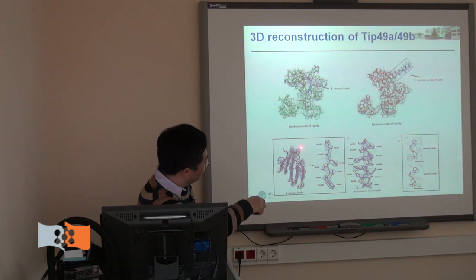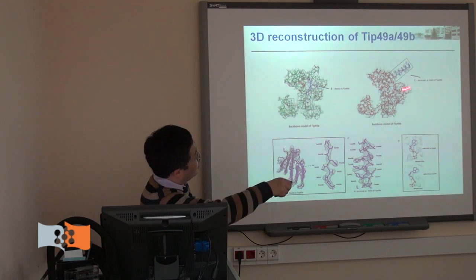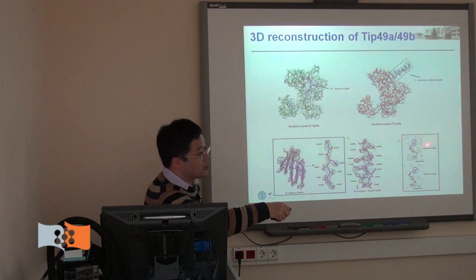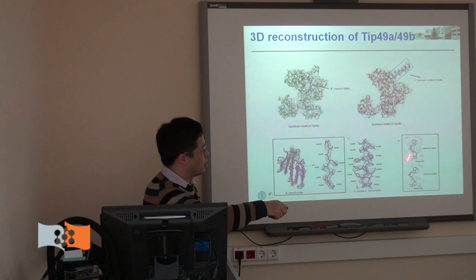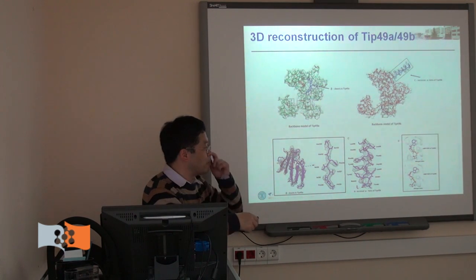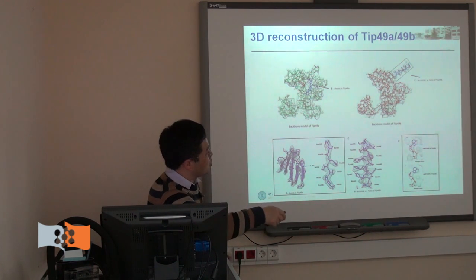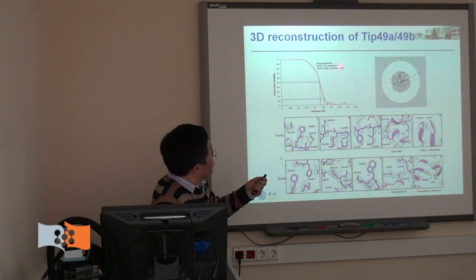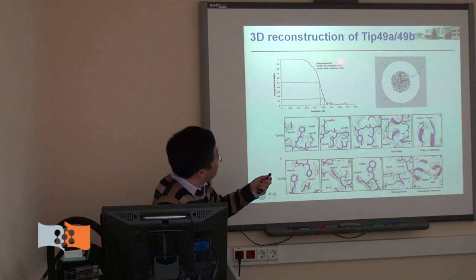There are side chains, beta sheets and alpha helices. And we also found ATP binding, AMPPNP is ATP binding, so we can build this model clearly.